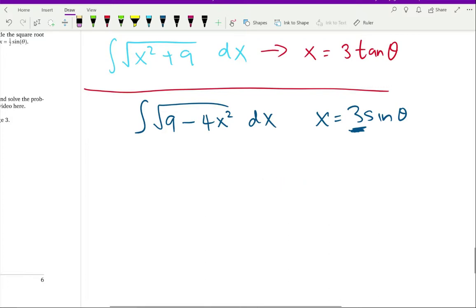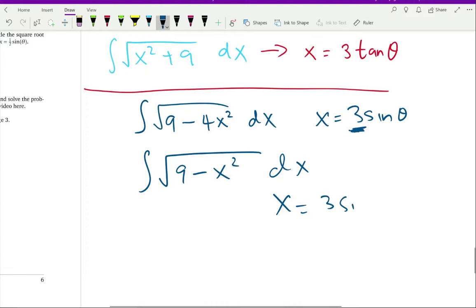Now here's the thing. Let me write that previous example here again. We all know this is x is equal to 3 sine theta. If you look at the general definition, it's the square root of a square minus x square dx. So the substitute is x is equal to a sine theta.